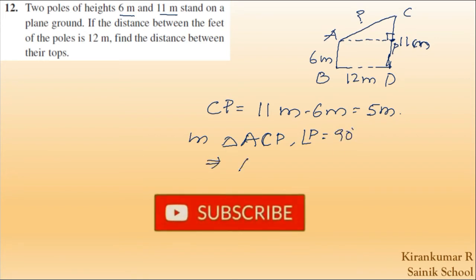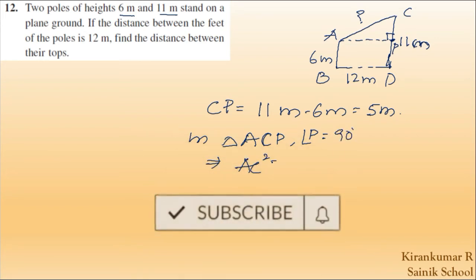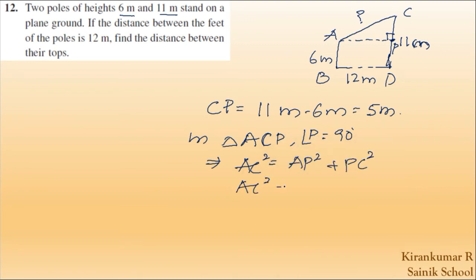So by Pythagoras theorem, AC square will be equal to AP square plus PC square. AC square will be equal to AP square is 12 square plus PC square is 5 square. We get AC as root of 169. This will be nothing but 13 meters. So the distance between the tops of the two poles is 13 meter.